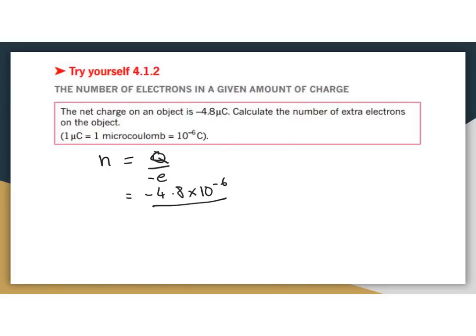Okay, and we're going to divide that by negative 1.6 times 10 to the negative 19. And the answer that we get is 3 times 10 to the 13. And that's the number of electrons that has been passed onto that particular object, okay, to have that charge.